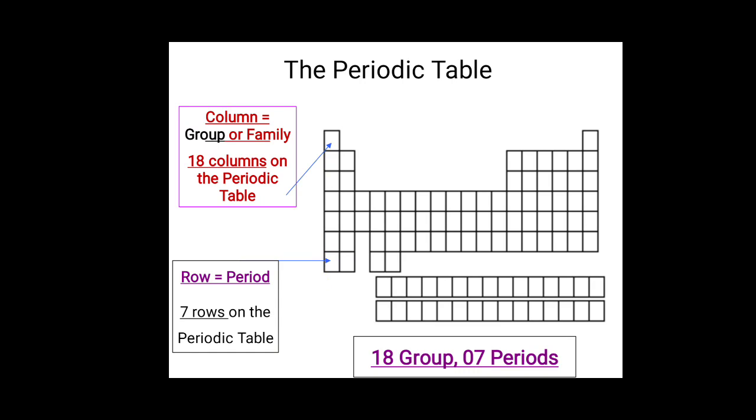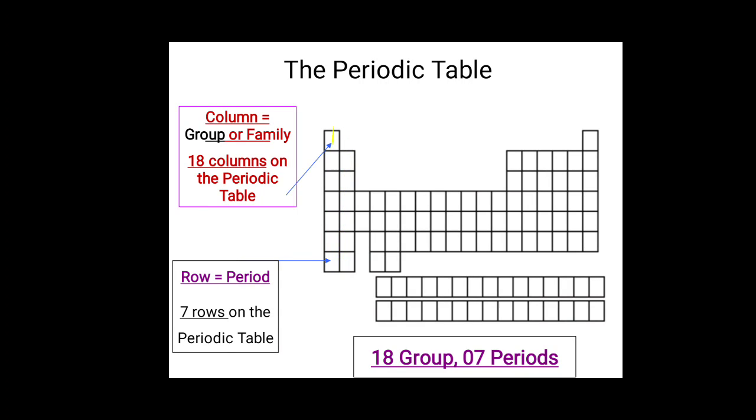A row means a period. There are 7 rows on the periodic table. See here 1, 2, 3, 4, 5, 6 and 7. Below is the actinide and lanthanide series. So in the periodic table, a vertical column is called a group.